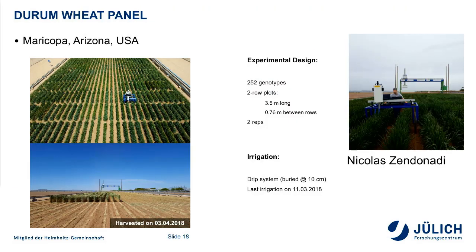Nicolas Senonadi, a PhD student in our lab, went there and measured those 252 genotypes from the starting point when they stopped irrigating. This was in March this year, in the dry season of Arizona, no rain at all. They chose to stop the irrigation, and then we followed the development of drought stress among these 252 genotypes.